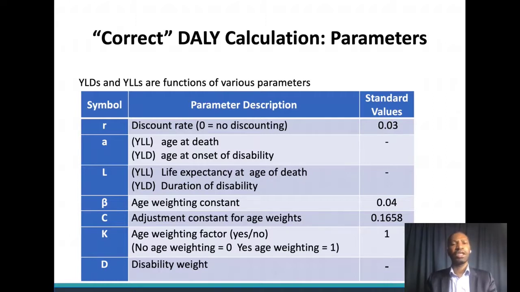C is the adjustment constant for age weights, and here we're using a value of 1658. K is the age weighting factor, a dummy variable taking the value of yes or no: no age weighting when we get 0, and when there's age weighting, we set it to 1. Typically we want to do some age weighting in our calculation. And D is the disability weight.